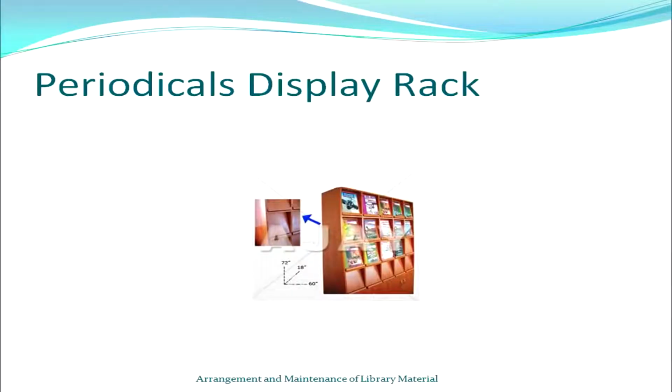Now, you can take a look at this picture which shows the periodical display rack. This is showing the different latest issues of the periodicals, and as you can see, all the other older issues are kept in the box behind the displayed periodical.